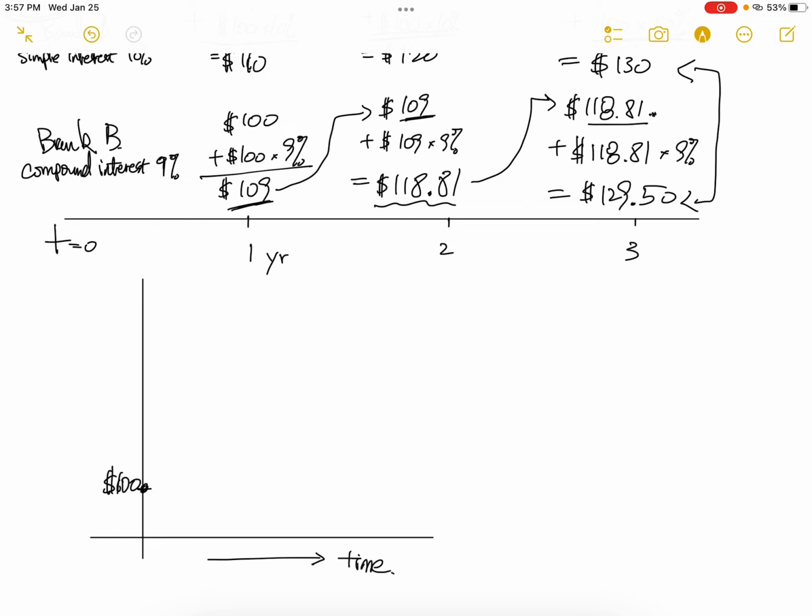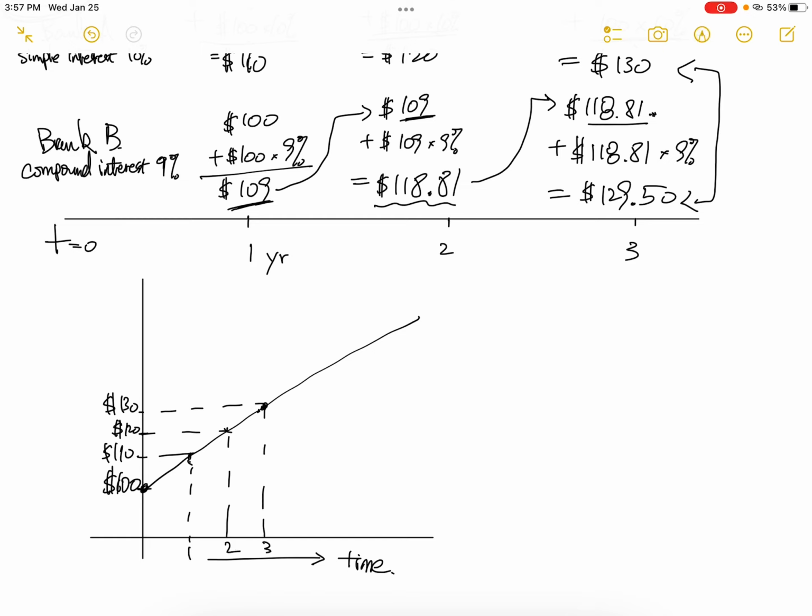Simple interest just grows like that. Every year it grows by $100, or excuse me, every year it grows by $10. And then the third year you're going to have like $130 here.